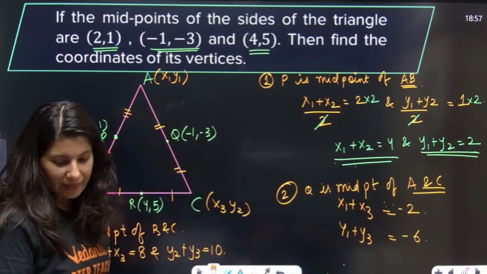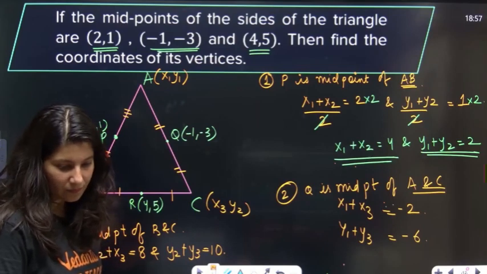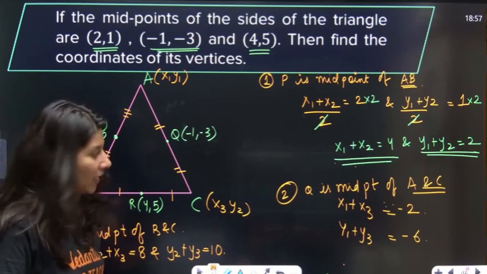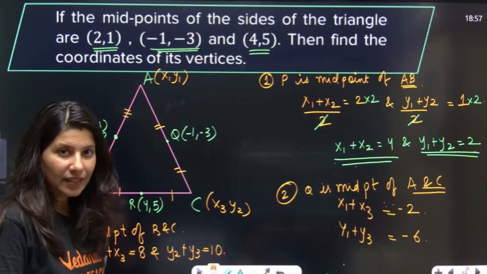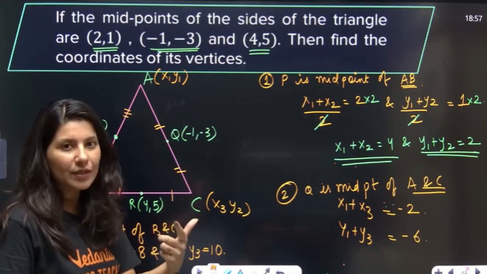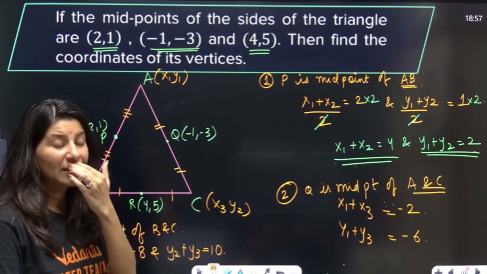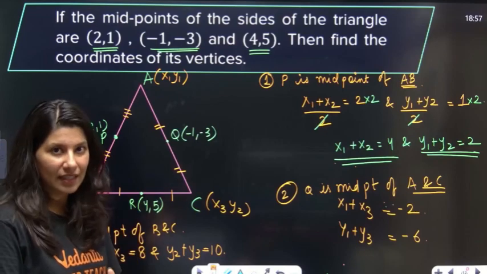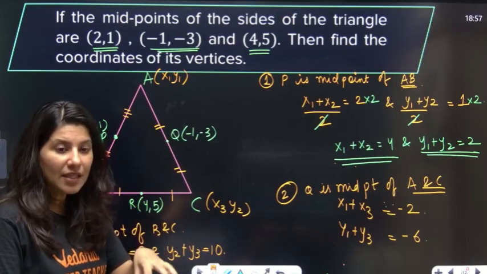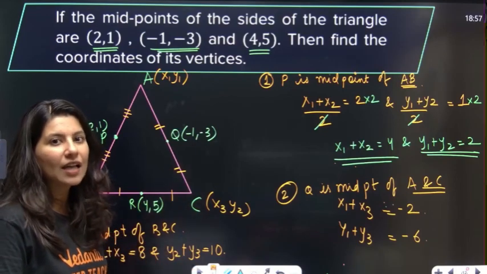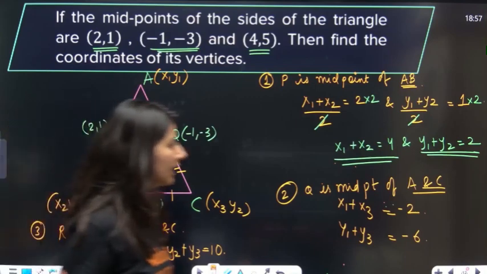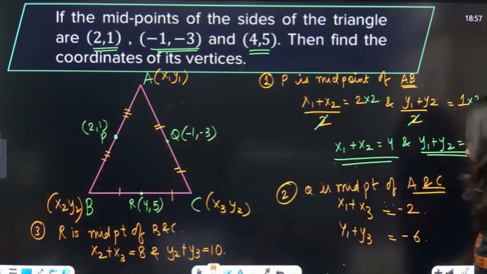Let's do one thing. Let's focus on calculating x1, x2 and x3. In a similar technique, we can calculate y1, y2, y3, correct? So x1, x2, x3, y1, y2, y3.